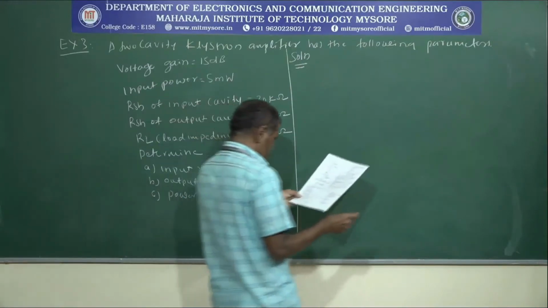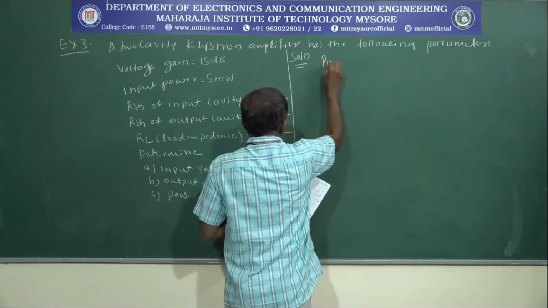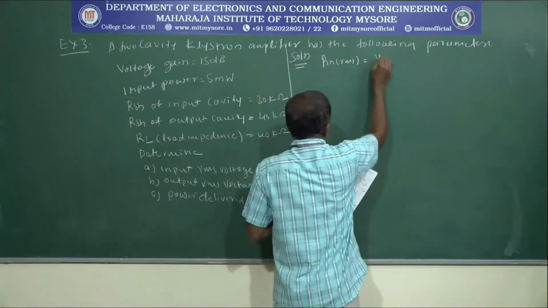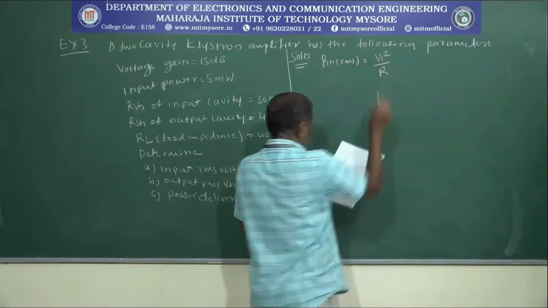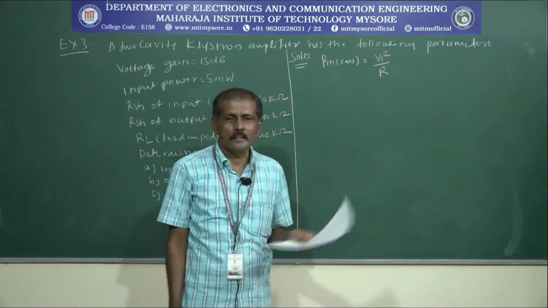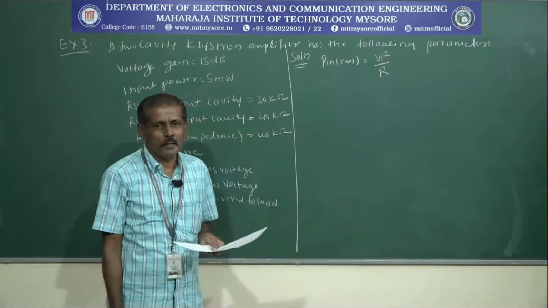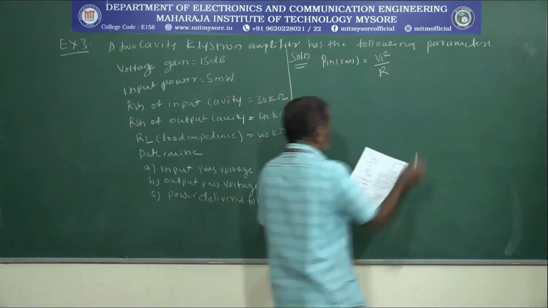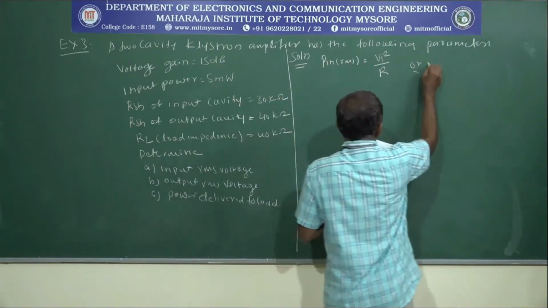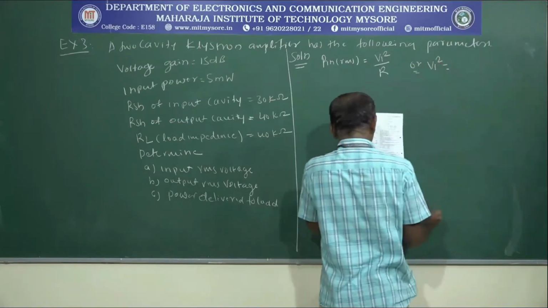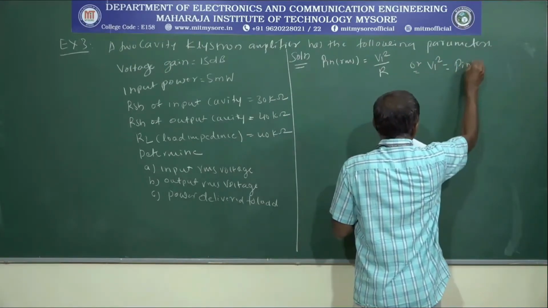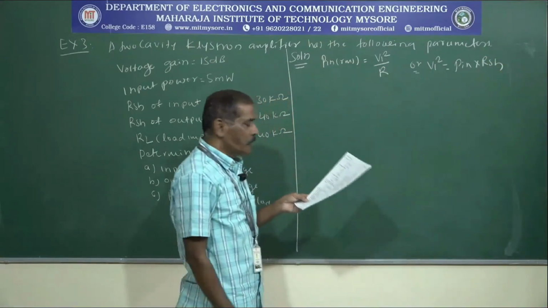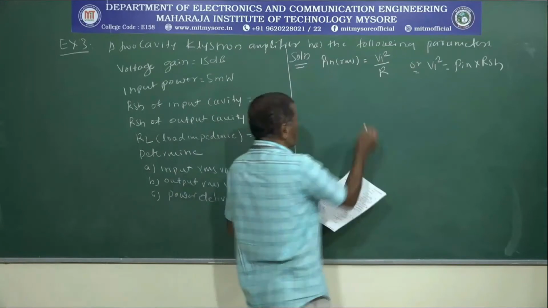Now P in RMS, that is input power, is given by V1 square divided by R, or you can write V1 square is equal to P in into RSH. Just cross multiply it.